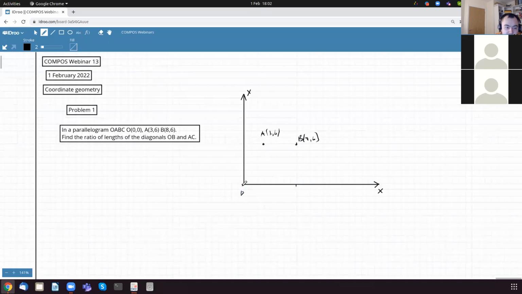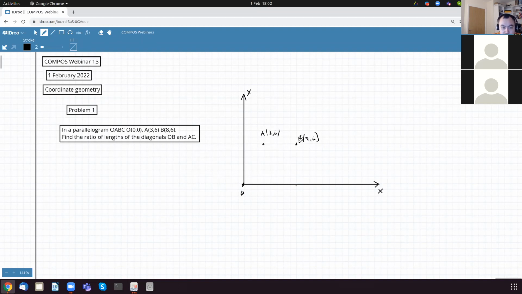And very obviously, you can find the point C. Point C would be the same distance from O as A. We just need to figure out which way. Can it go left? Well, not really, because it's OABC. So OAB, so C has to be somewhere here.